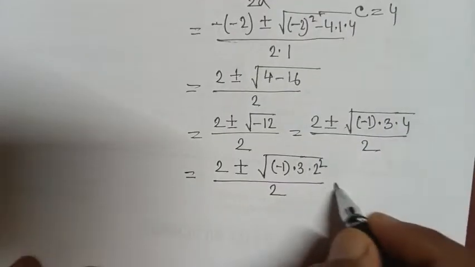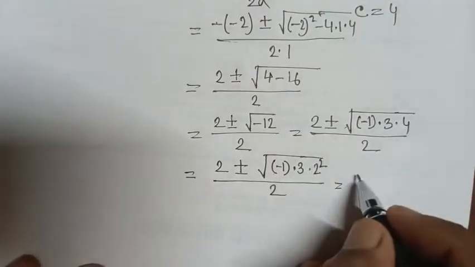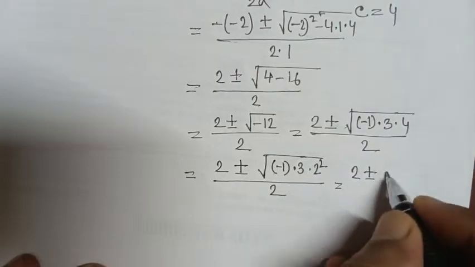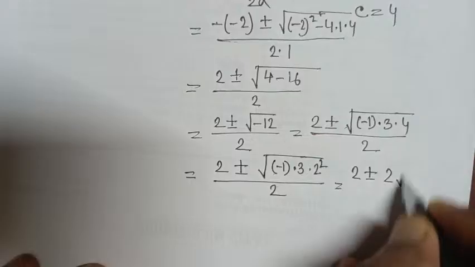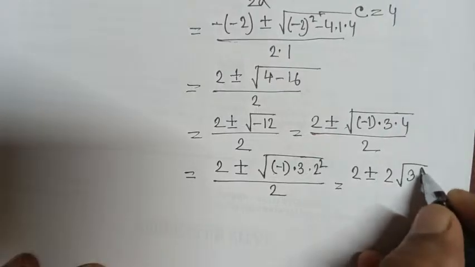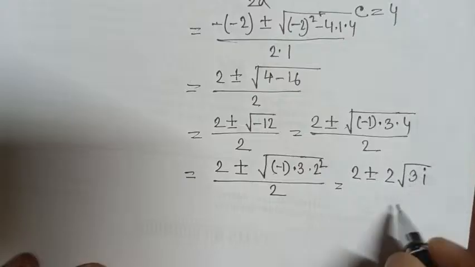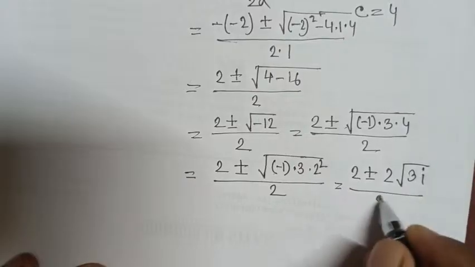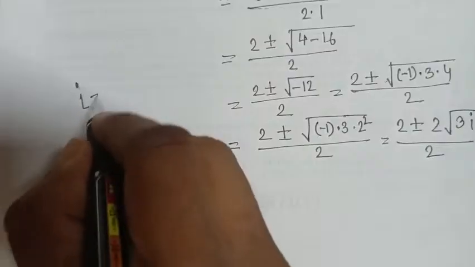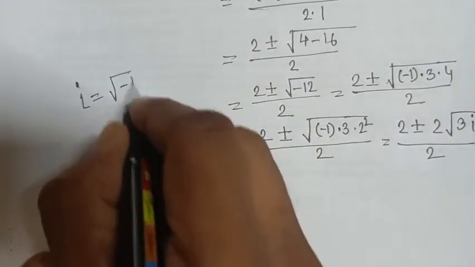So we can write here 2 root over of 3, and root of minus 1 will be i, by 2. In complex numbers we know that i equals root over of minus 1.